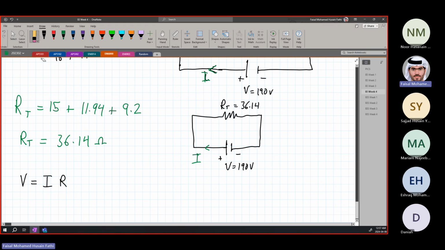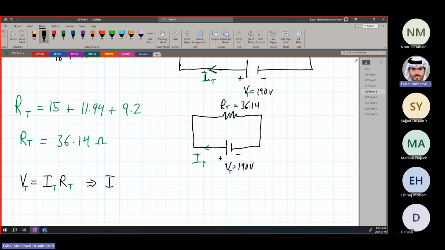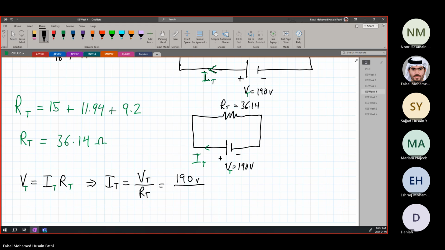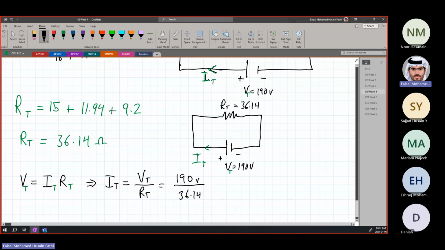This green I we will call I total. Okay, it's going to be equal to V total over R total, which is 190 volts over 36.14 ohms.